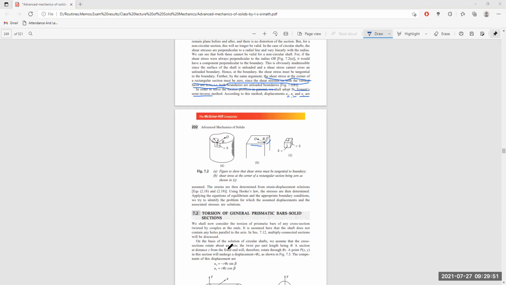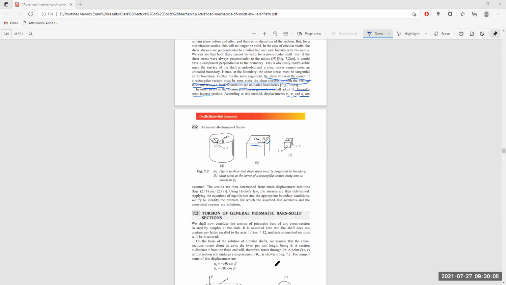Whatever the shaft may be, circular, semicircular, or square, it should have a section and an axis, and the twist per unit length will be theta.